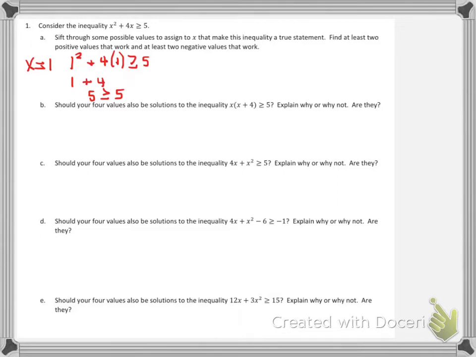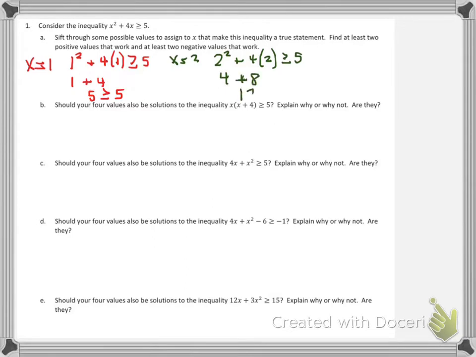And it looks like anything bigger will also make it a true statement, because all I got to do is get bigger than 5. So I could say x equals 2. If I tried x equals 2, then I would get 2 squared plus 4 times 2 is greater than or equal to 5, and 2 squared is 4 plus 4 times 2, that's 8.